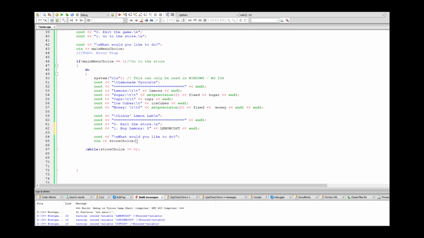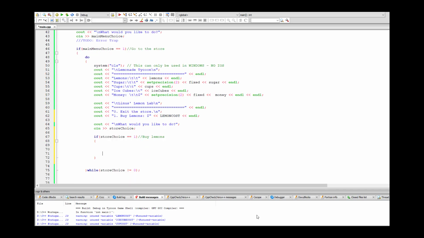Now, once we have the store choice, we can use another if statement. So we can say if the store choice was equal to 1, that means buy lemons. So how do we do this? We're going to start off by saying something like, how many would you like to buy?